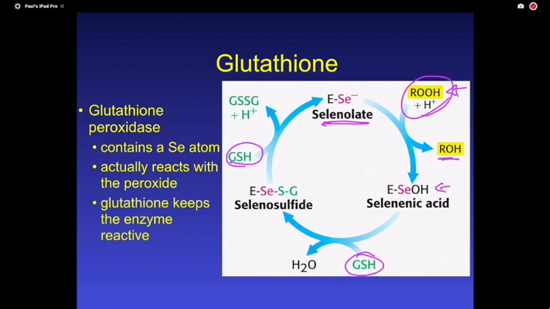A second glutathione will come in and kick off water, and it will be interacted with the sulfur, and then to finish the reaction out, this sulfur and that sulfur get together to have the oxidized version of glutathione come off in the reaction. And so this is synthesized to have a very large concentration of hydrides used to protect against oxidative damage. So that is also a nitrogen-containing compound that's important.